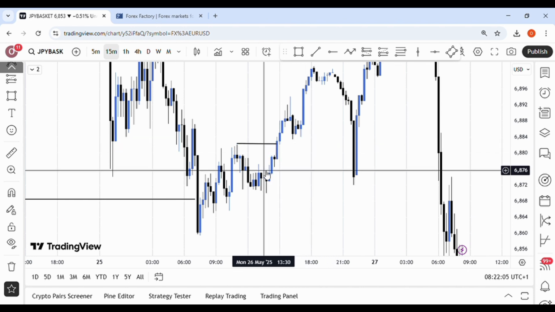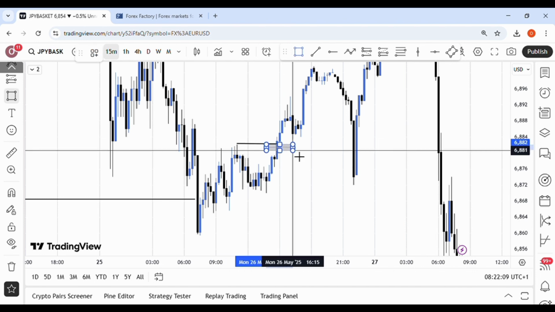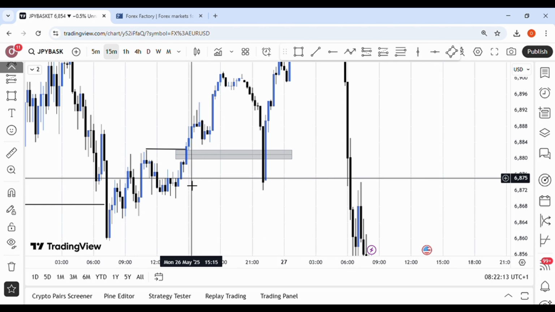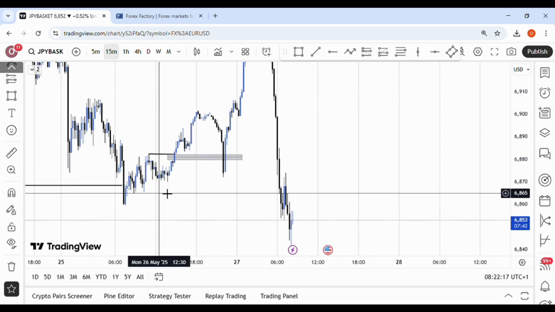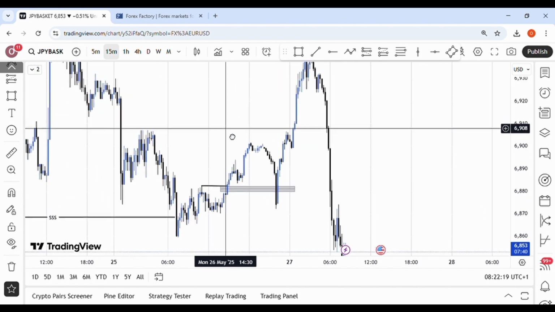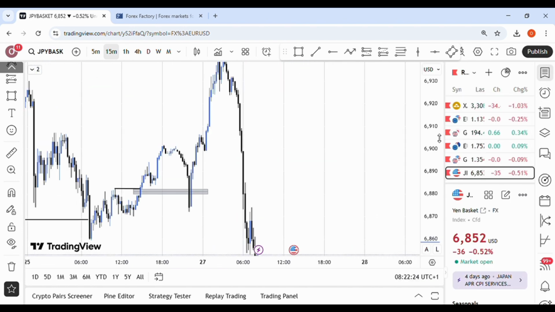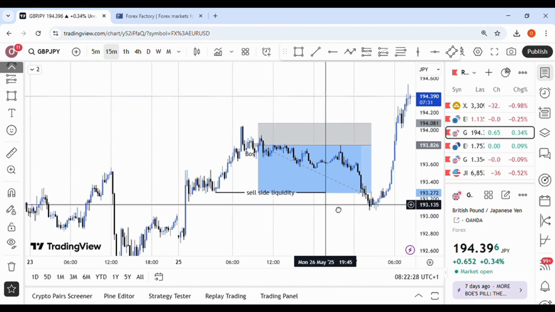This is our fair value gap, and below here resides our order block. So at this particular time yesterday, we needed to be selling GBPJPY. That was how I caught this particular move, because the yen basket is bullish, so GBPJPY needs to be bearish.